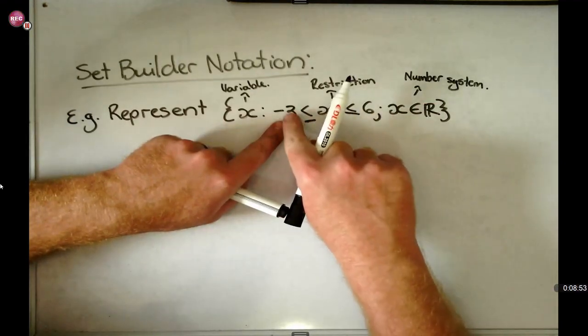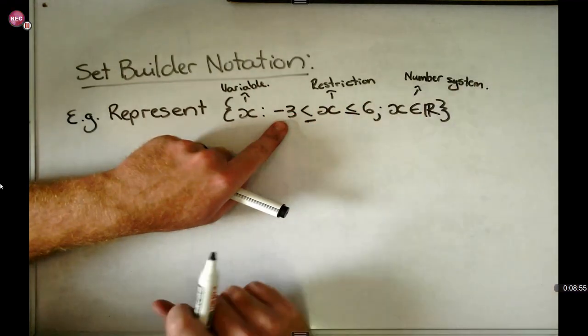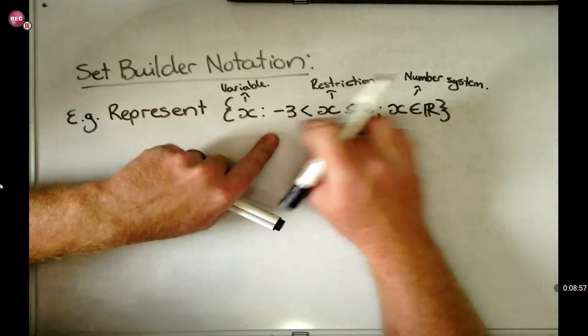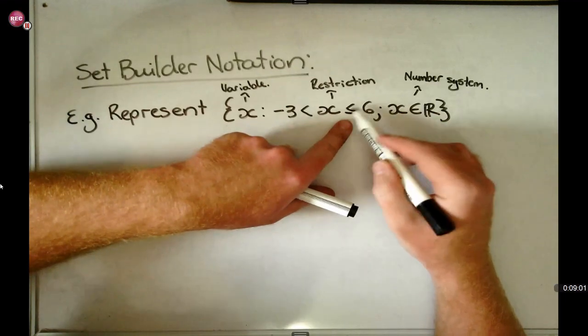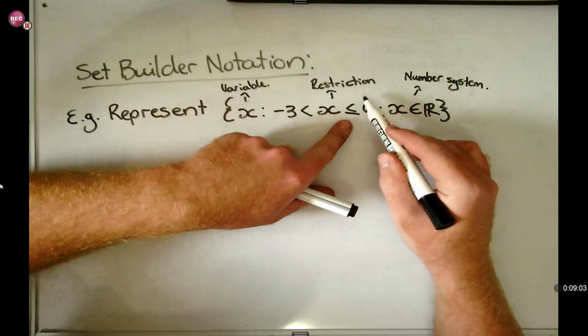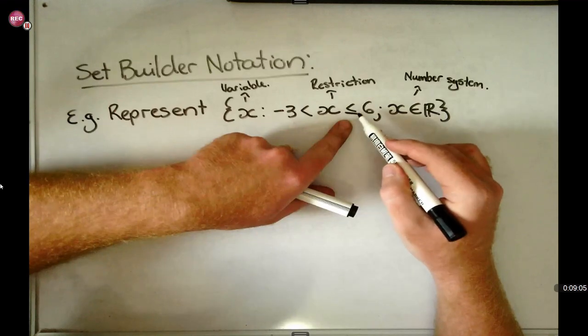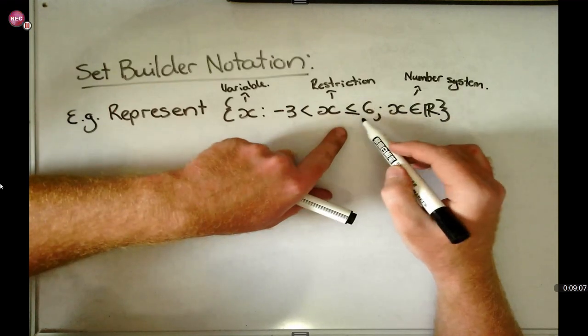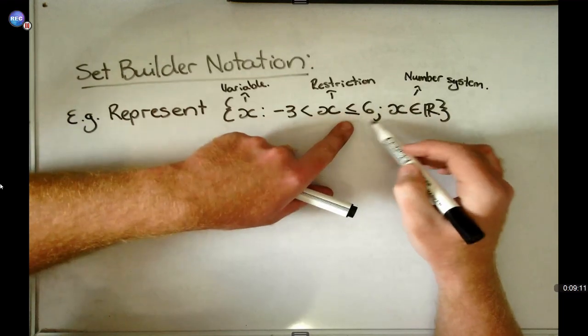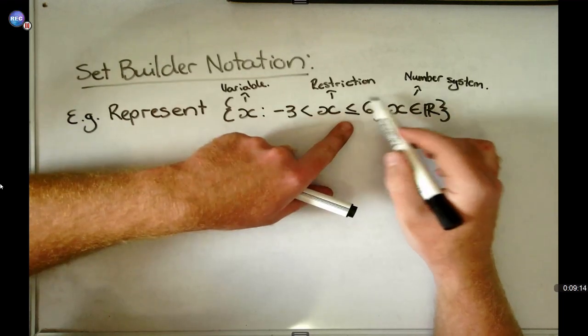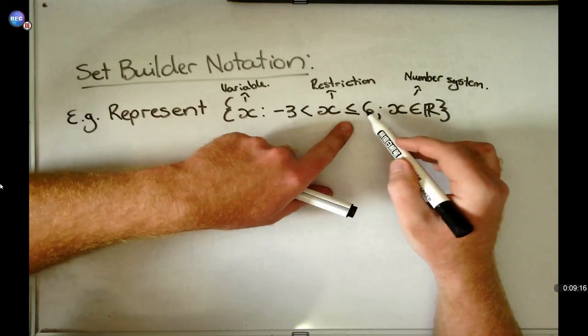So it's moving from -3 to the right side. Okay? Now, if you look at this sign over here, you can see that it is open to the 6, but it's also equal to the 6. So the number line is going to go all the way up to 6 over here.